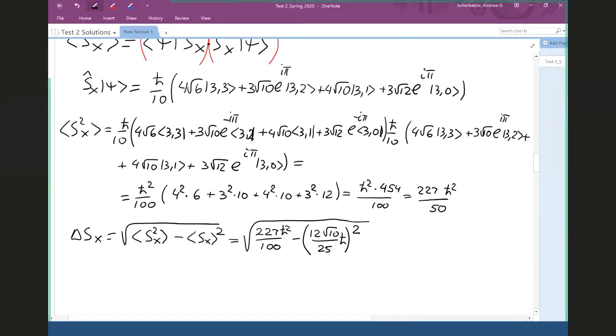So if you do this simple algebra, you will end up with h bar over 5 times square root of 559 over 10. That's it.